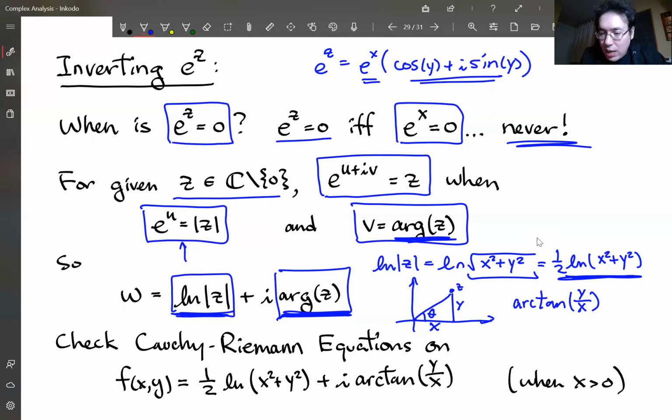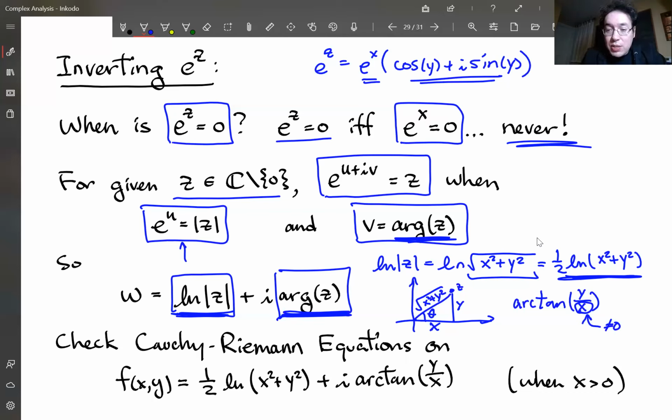This works just fine, except this formula falls apart when the real part happens to be 0. So this formula only makes sense if x is positive. Another thing you could do is, the modulus is the square root of x squared plus y squared, and use arc sine of y over the square root of x squared plus y squared, or arc cosine of x over that, and that function will work as well.